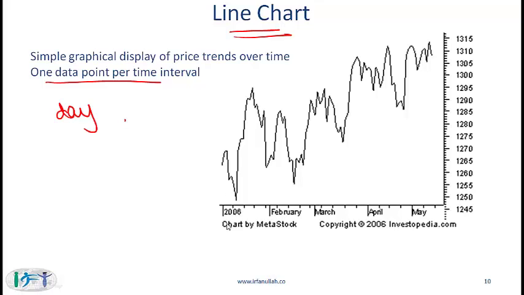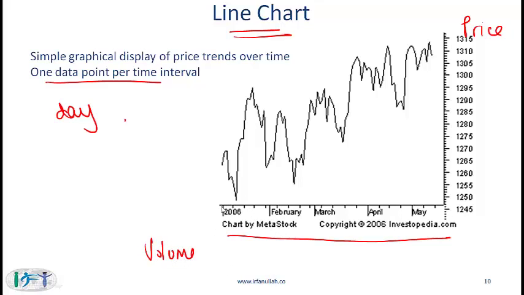And you notice here that for 2006, we have the closing price of a given stock. Here we are simply looking at price data. So we have price on the y-axis, time on the x-axis. Very often with a line chart, you will also see volume data.